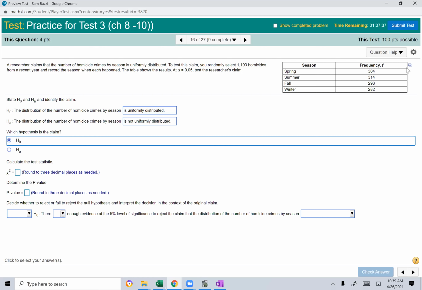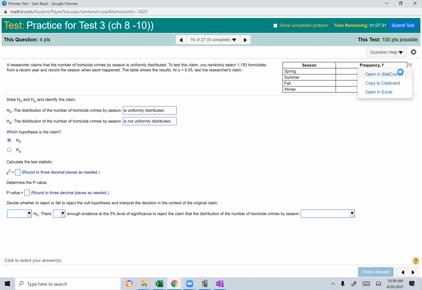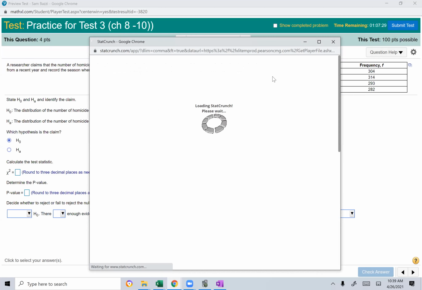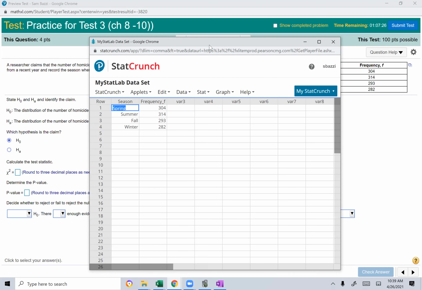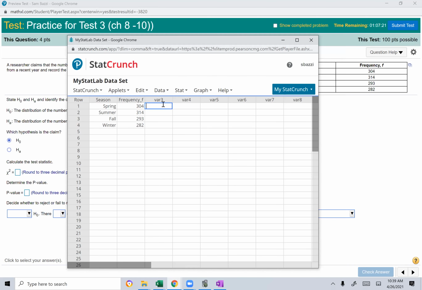Okay, how do you do the test statistic? We can do it in StatCrunch first, and then I'll do it on the calculator. Okay, we know the total, guys, is 1,193. So right here, you're going to take 1,193 and divide it by 4.